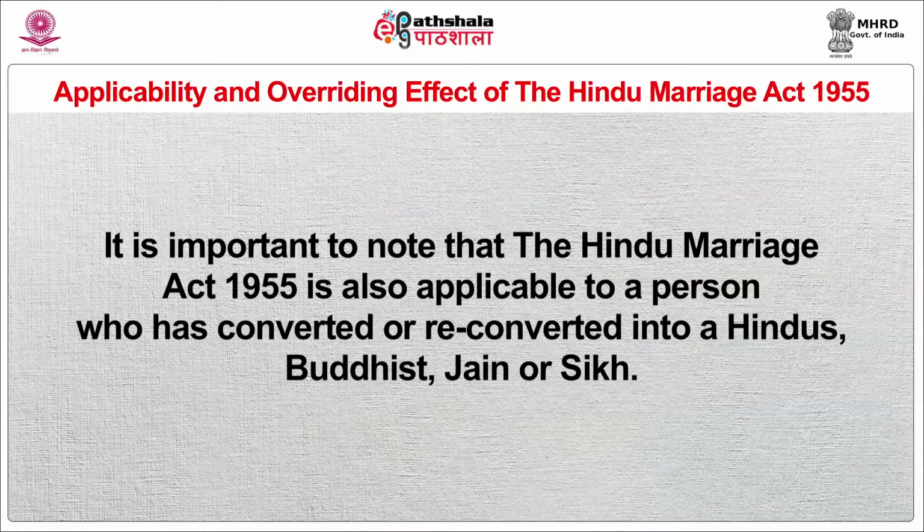To date, many authors and citizens from the communities of Sikhs, Jains and Buddhists continue to criticise Section 2 for its applicability to minority religions, and see this law as an intrusion into the religious affairs of minority religions. It is important to note that the Hindu Marriage Act from 1955 is also applicable to a person who has converted or reconverted to be a Hindu, Buddhist, Jain or Sikh.